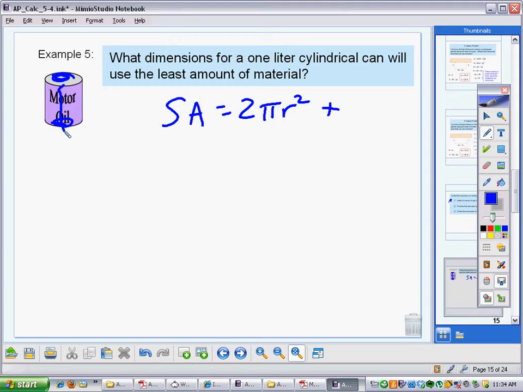So the lateral area is just a rectangle. What do we call this part on the can? The height. How do you find this? Circumference. What's circumference? 2 pi r.